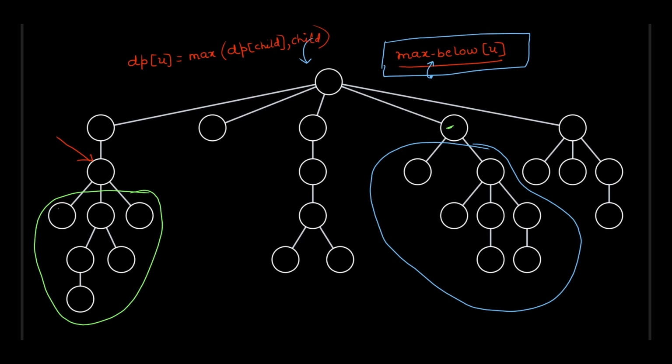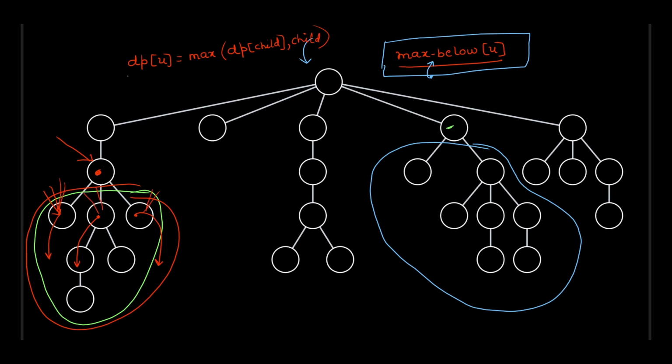Since we want the maximum, the DP value of each child would represent the maximum in its entire subtree excluding the child itself. This means that you compute the exclusion of the children and then you add the children back.